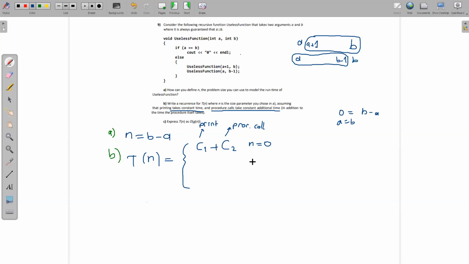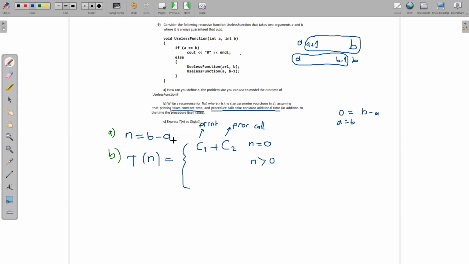Now, when it is not 0, which is higher than 0, it means that these are giving more range to b. Actually, we can also say why we are making n as b minus a, because we want them equal.